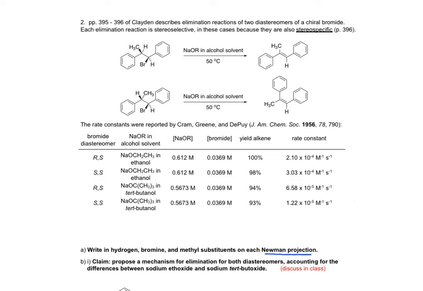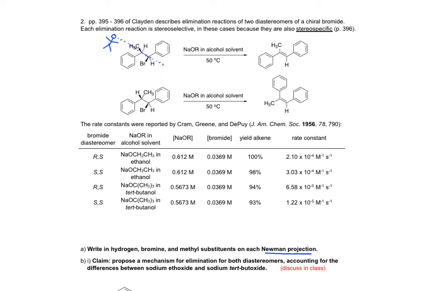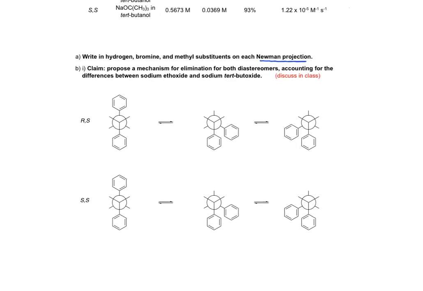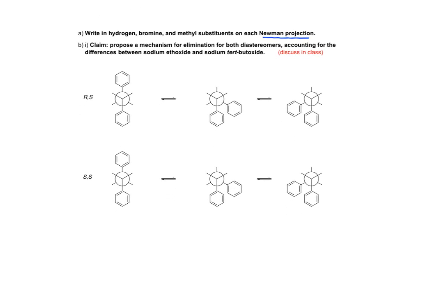To review from last semester, for a Newman projection, looking at two adjacent chiral centers, I recommend orienting yourself looking along the axis of the bond between the two chiral centers. I'll show the bottom part of this page, and we'll do the first set of Newman projections together.